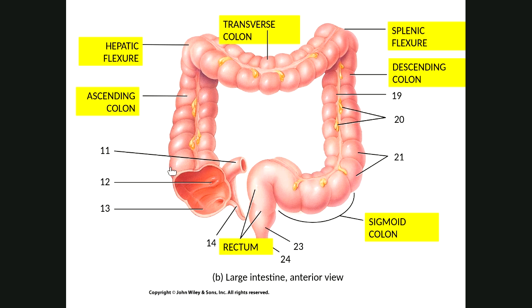So ascending colon, hepatic flexure, because this is where your liver is. Transverse colon, spleen is on this end, so splenic flexure, down the descending colon, through the sigmoid colon. Now we gave this area a name. See, it's nice and wide, so it gains some momentum here through the rectum and out the anus.